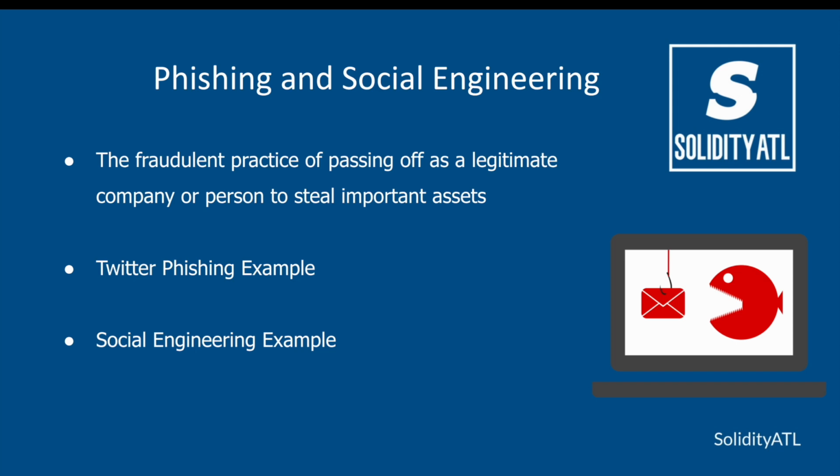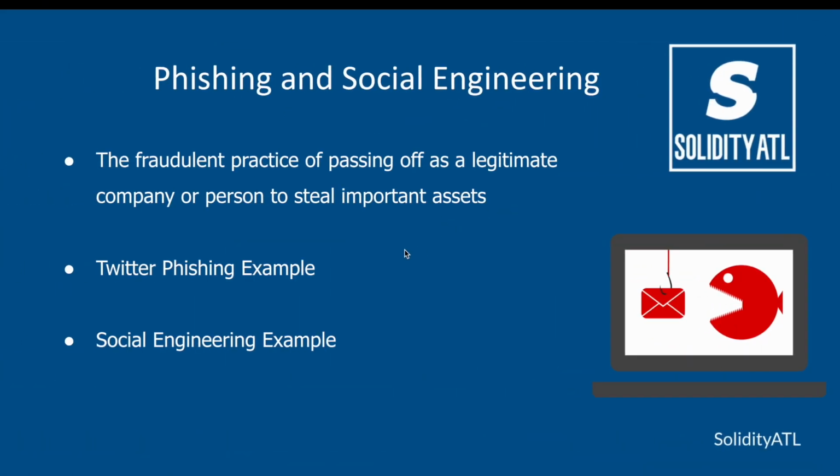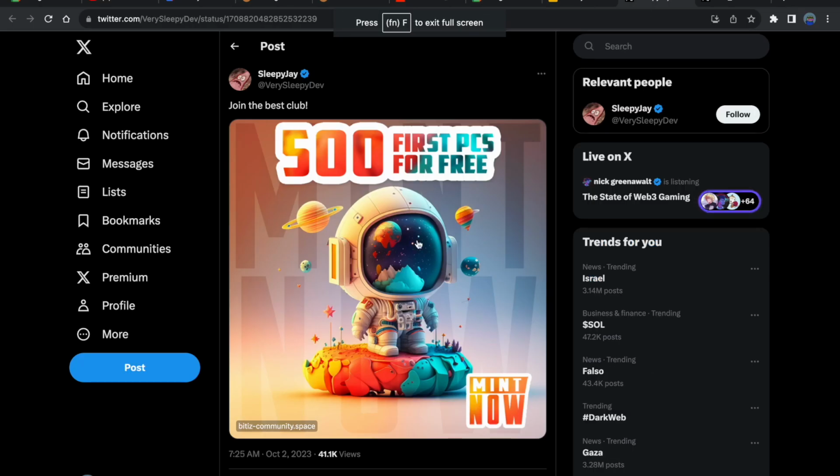Let's talk really quick about how this is an issue in the Web3 space. We're going to talk about a Twitter phishing example. So we take a look over here. We can see that this is a phishing attempt.